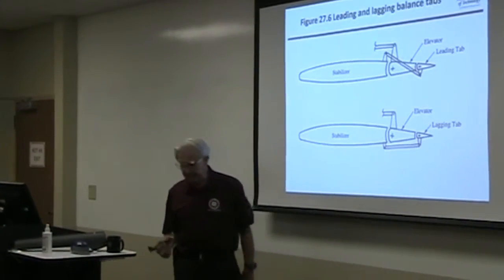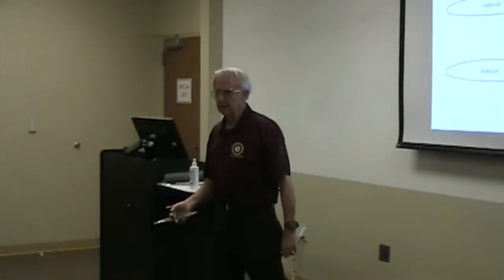Well, we might even today still want a lagging tab somewhere on a given control. What might be one that we would want one on? Anybody think of one? Ailerons is a possibility. How about the rudder on a multi-engine airplane when you worry about one engine out?